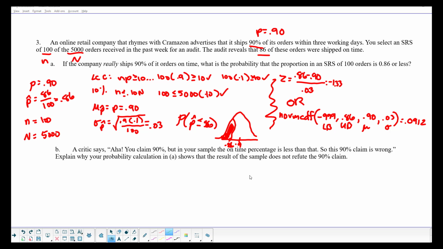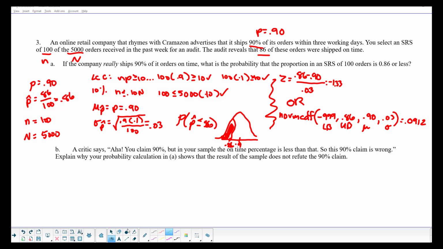That maybe the auditor just got unlucky in this case and saw a few more go out that were a little bit late? In that case, I'm not so sure. Right? Anything below 5% we would consider very unlikely, so unlikely that we would start to cast doubt on a claim. But this 9.12%, it is low, but not so low that it couldn't have happened just by chance alone.